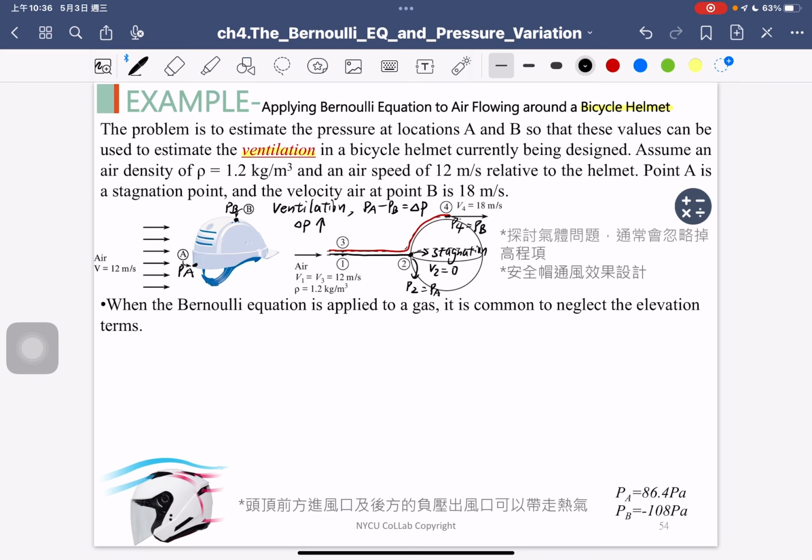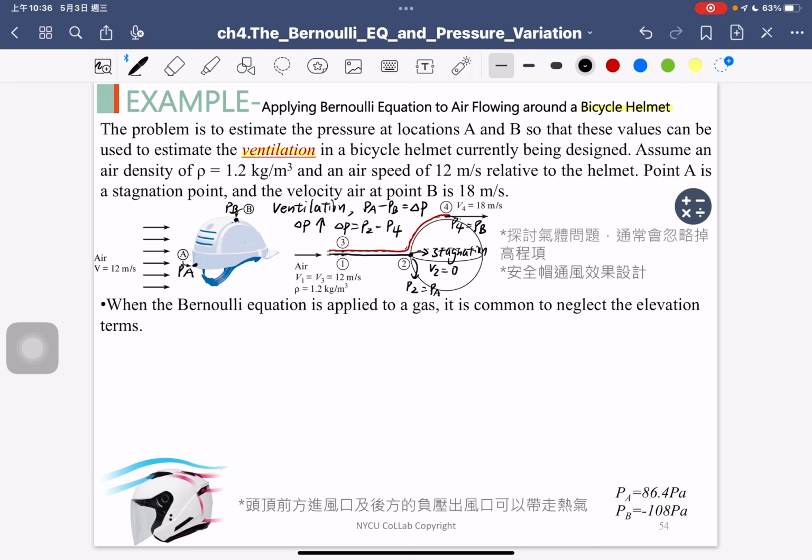So for our question, I need to compute delta P equal to P2 minus P4, and I'm wondering how large a difference we have in our exercise.